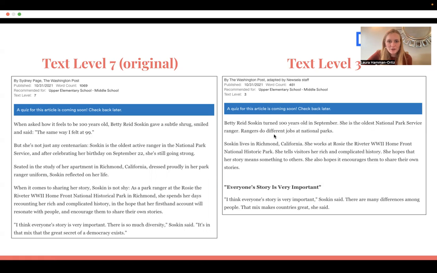She's the oldest National Park Service ranger. So the information is still there. They're removing a lot of the language demand of getting at her age and how she feels about that age, but still keeping the core information there that students would need to know to make sense of this story. So it's one really great way you can use this.